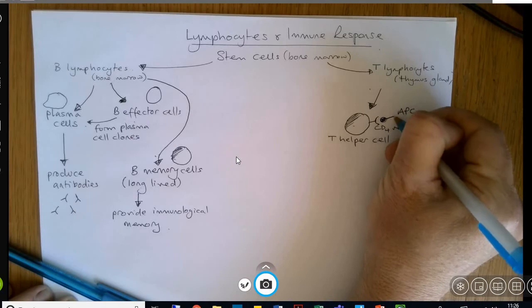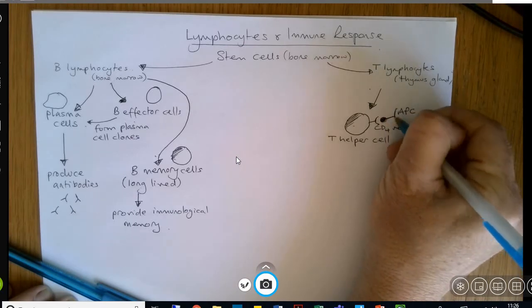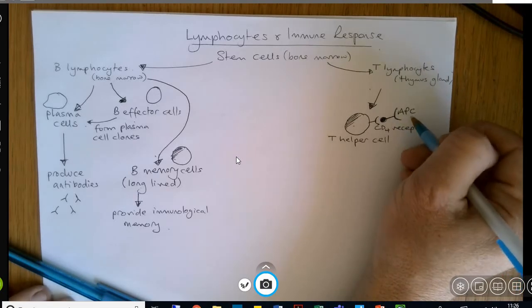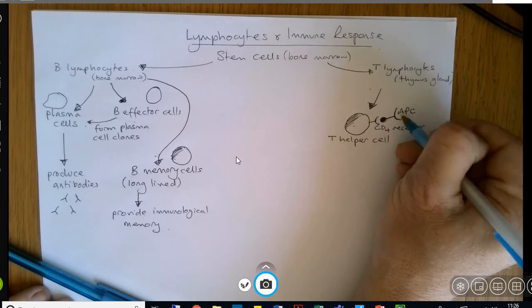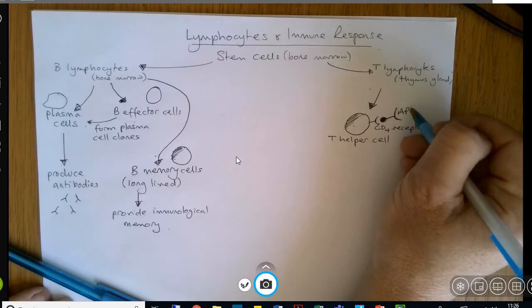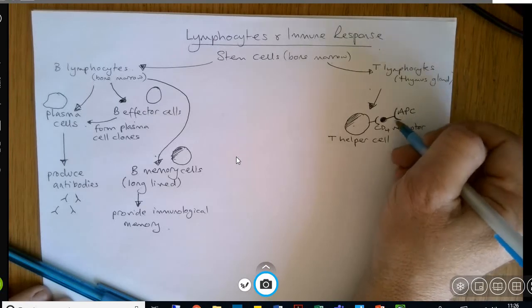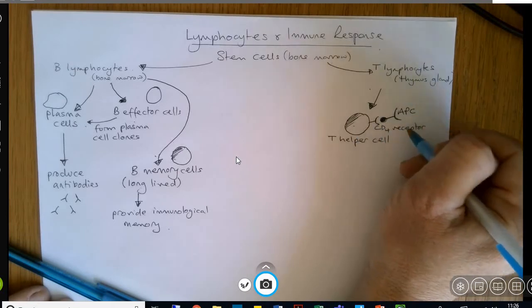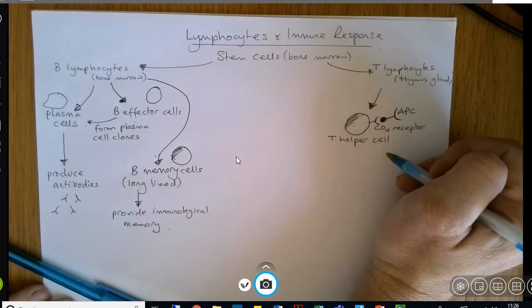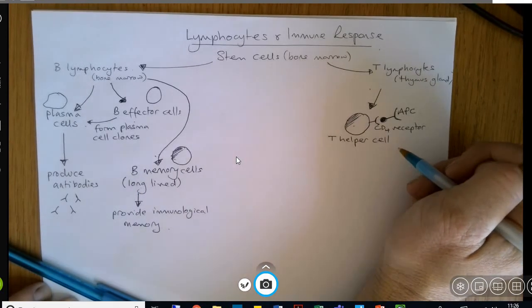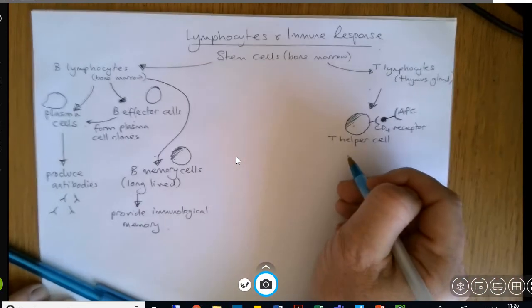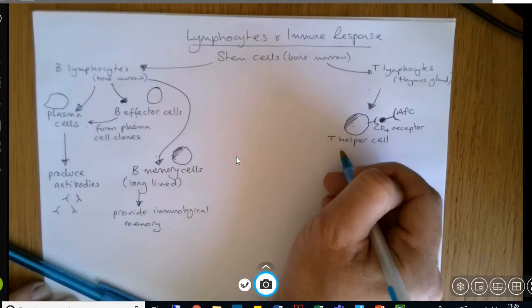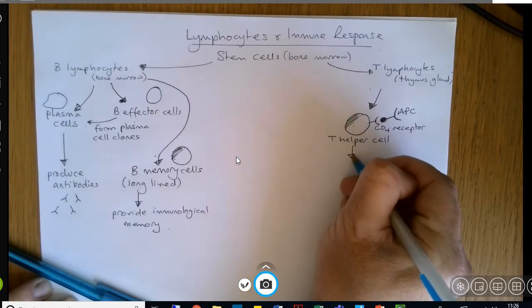Now what you might be asking is, what is an APC? This you should recall from our little lesson on phagocytosis: it is an antigen presenting cell. This is the cell that is produced at the end of phagocytosis, where the antigen is presented for further processing. This is where the T helper cell comes in, and when this actions, it produces a number of different responses, a number of different interleukins.